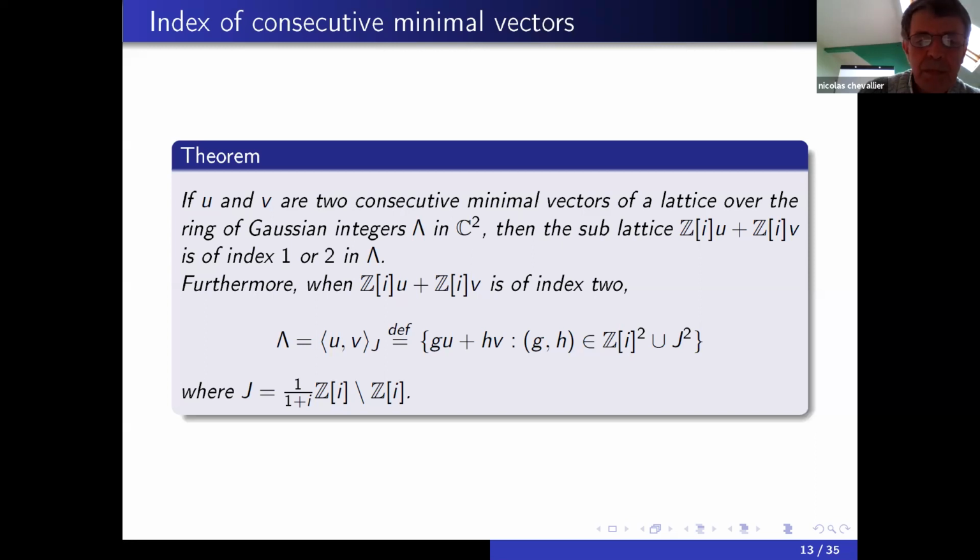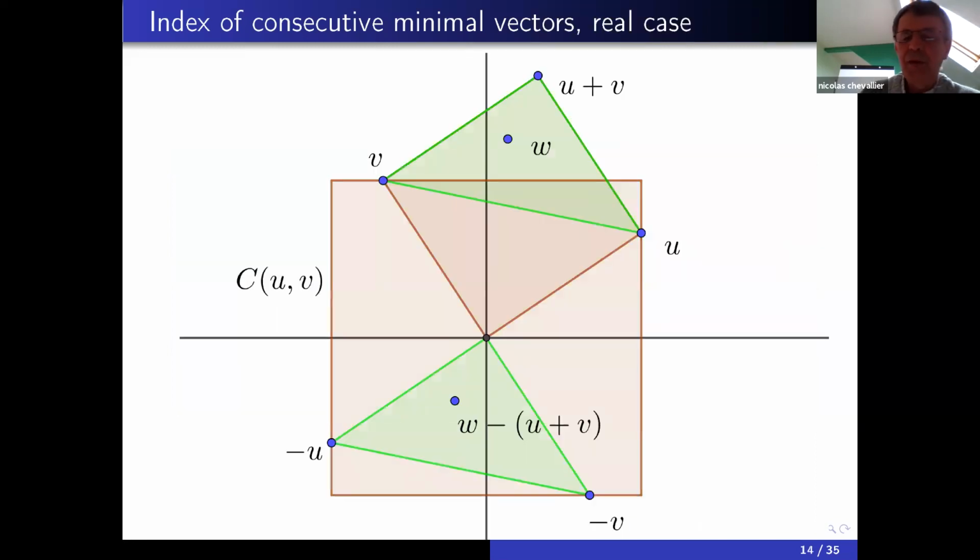In the real case, it is easy because if you have U and V, two consecutive minimal vectors, you know that the cylinder defined by U and V must be empty. There must be no lattice point except 0 in the interior of the cylinder C of UV.